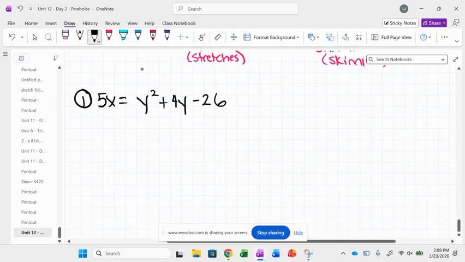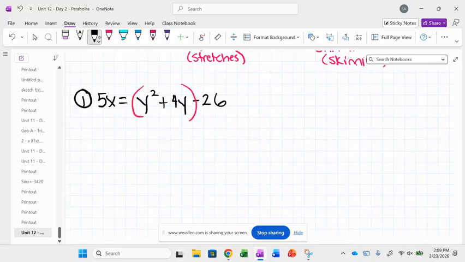So let's go ahead and complete the square just like we did in yesterday's recording. So we're going to have y squared plus 4y. We're going to take half of 4, which is 2. 2 squared is 4, so I'm going to add 4. Since I'm adding 4 inside the parentheses, what else do I have to do?